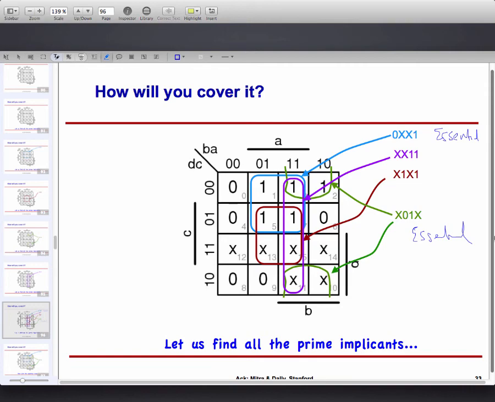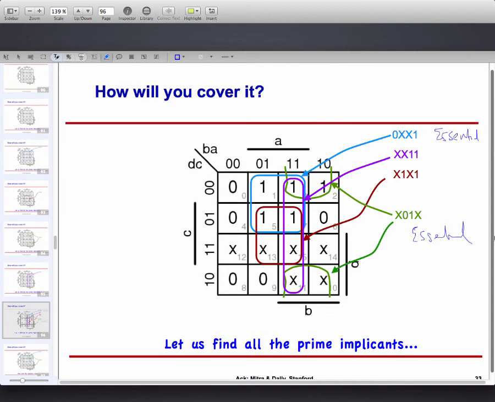Once I have picked these two, are any of the ones uncovered? So are there any remaining minterms which have not been covered by these two choices? They're all covered, right? I mean, anything left over is either an x or a 0. So in this example, these two essential prime implicants are sufficient.